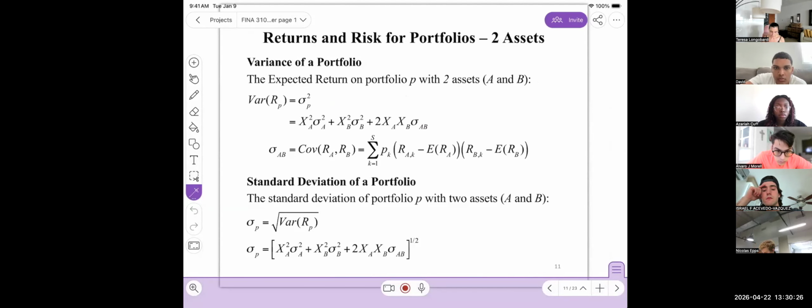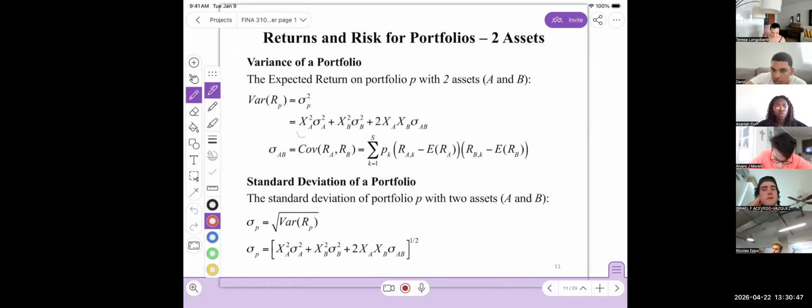And it's the population data, so we use the Greek letter. And don't forget the square, because this is the squared version. When I take the square root in the end, I'll get to the standard deviation. All right, so here is the portion that we already have. That's the variance of A and that's the variance of B. Are you guys good with that?